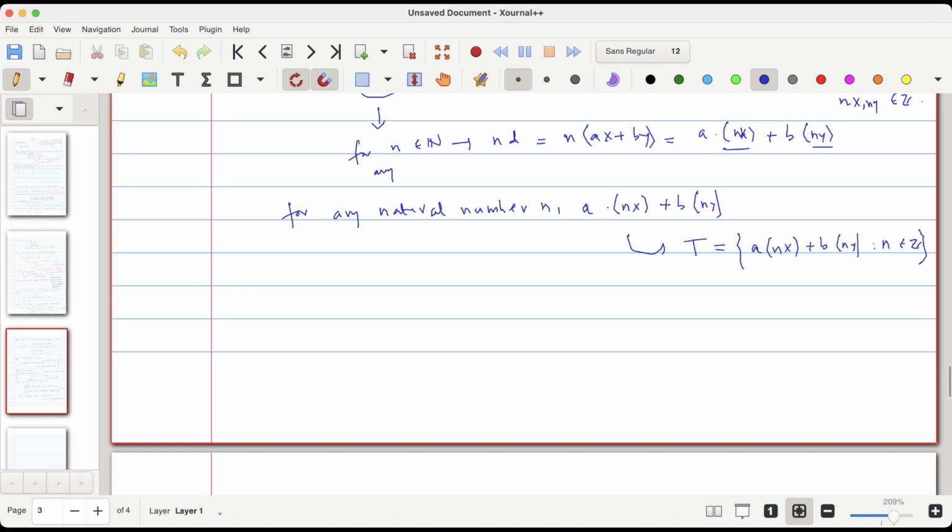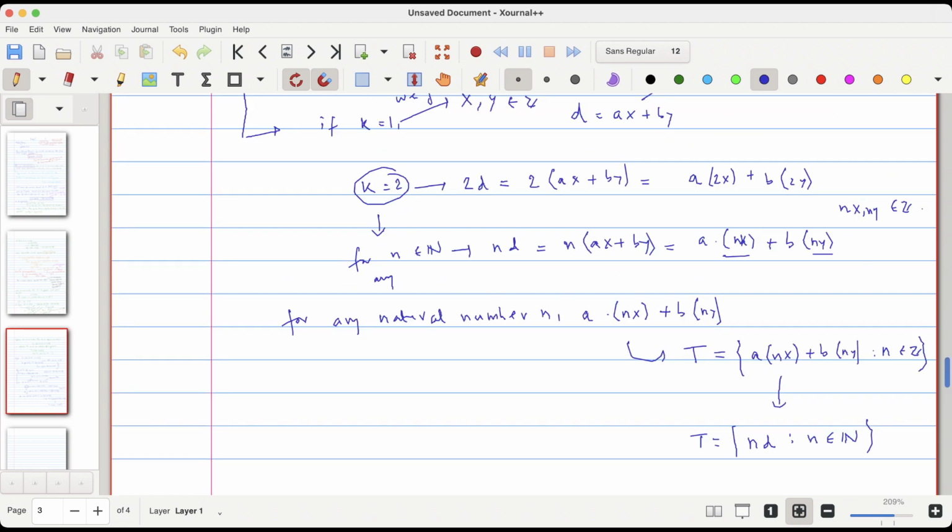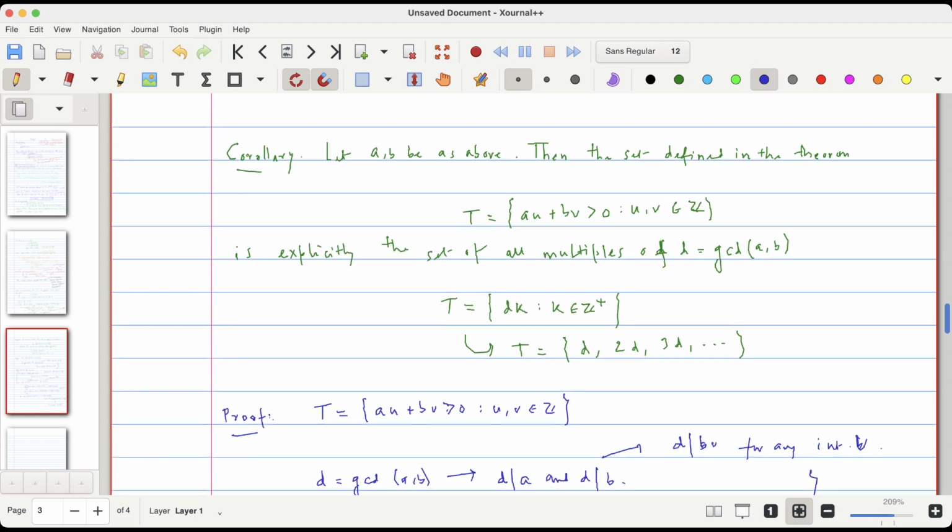And x, y are fixed integers. So what is a into nx plus b into ny? It is n times d, where n is any arbitrary integer, which is exactly what I wanted to prove: that T is the set which explicitly contains all the multiples of the GCD of A and B. That was my target.